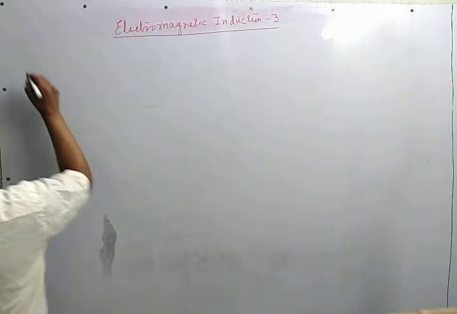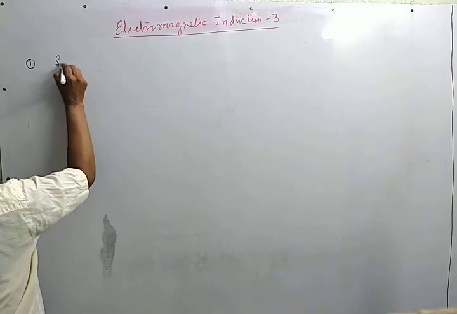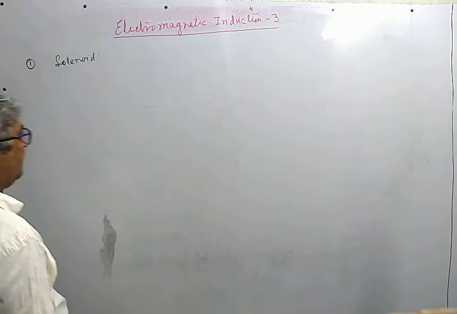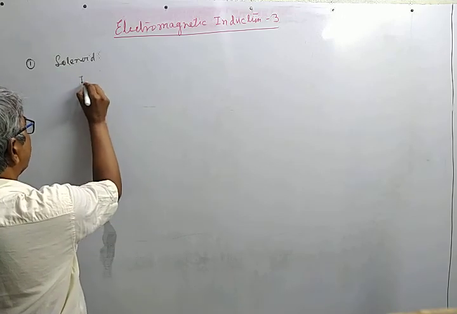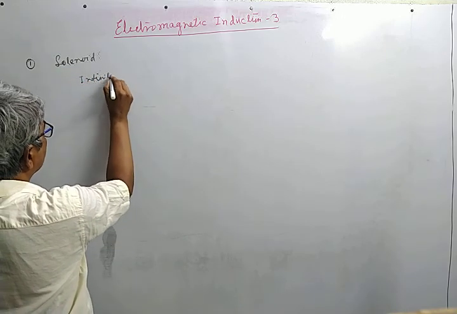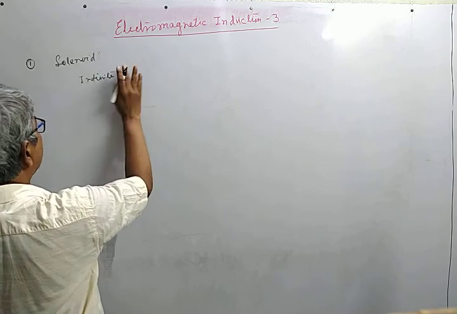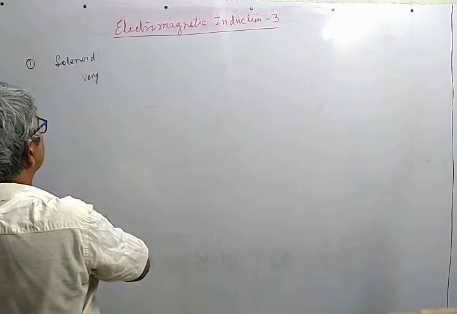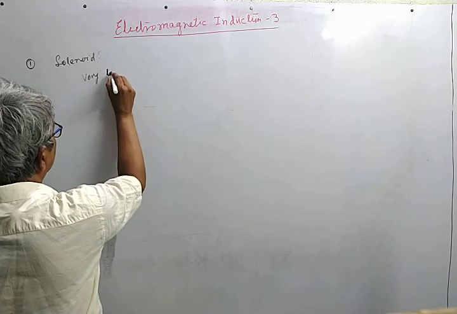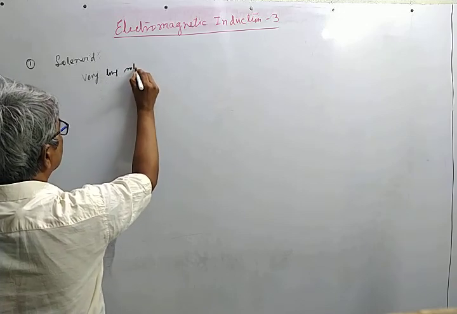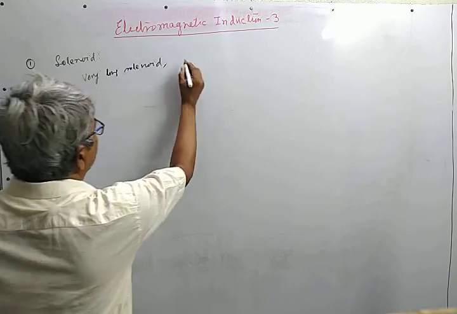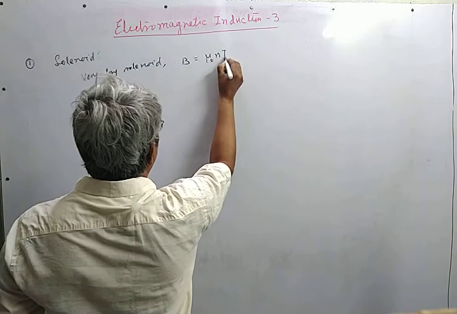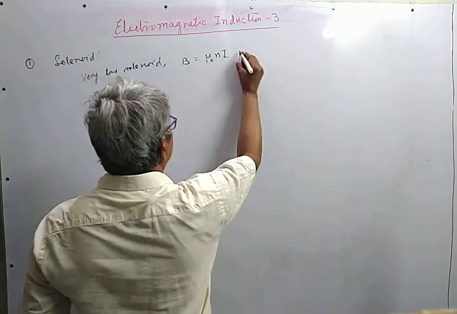As the first case, we consider a solenoid, an infinite solenoid, or very long solenoid. For a very long solenoid, the magnetic field is mu0 N i, where N is the number of turns per unit length.